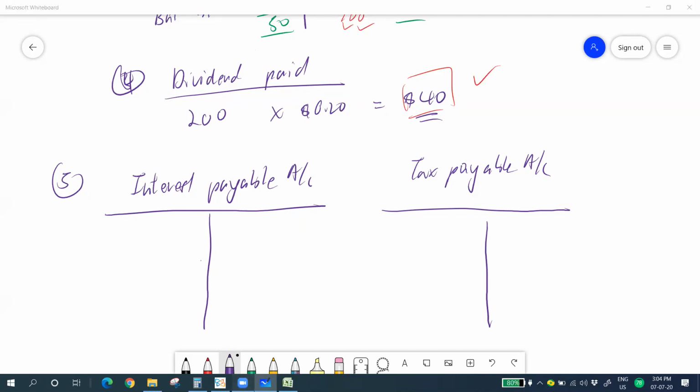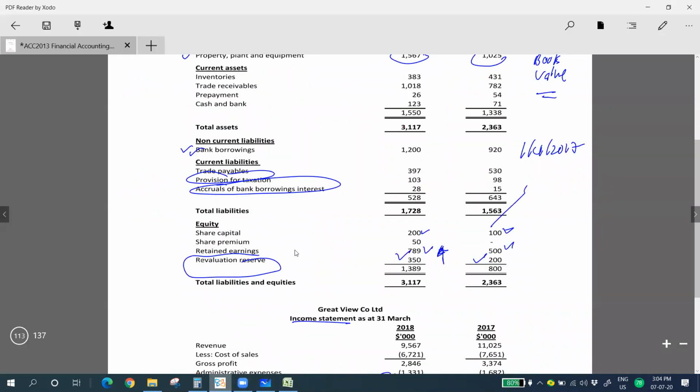Let me show you the textbook here. All right, I give you 5 minutes. Tell me the answer. What is the amount of tax paid and also interest paid? If you know the answer, please type at the chat function.